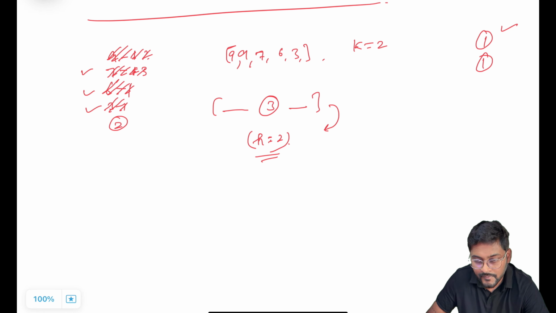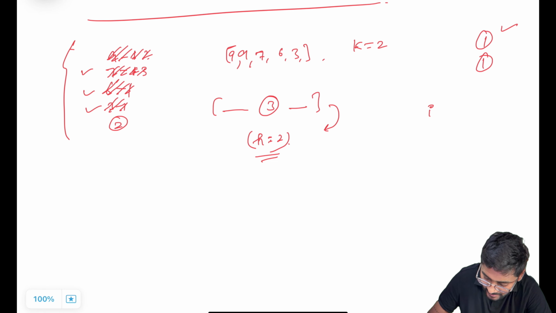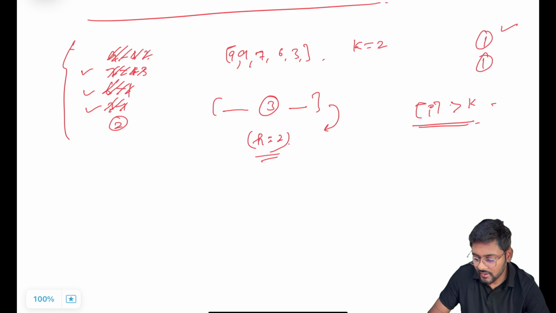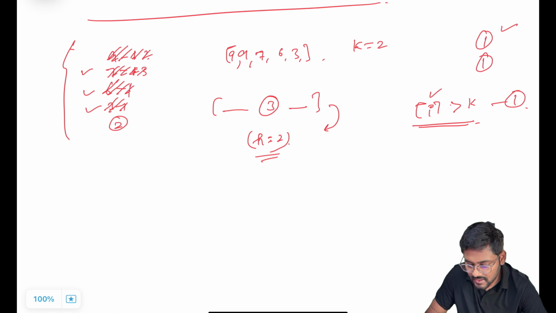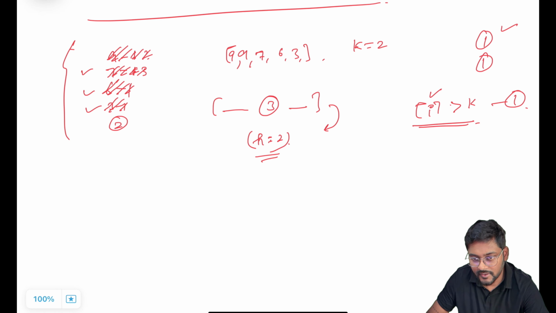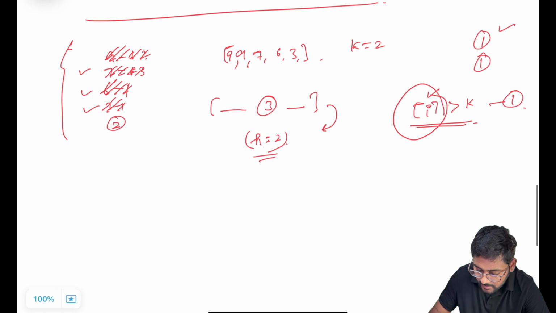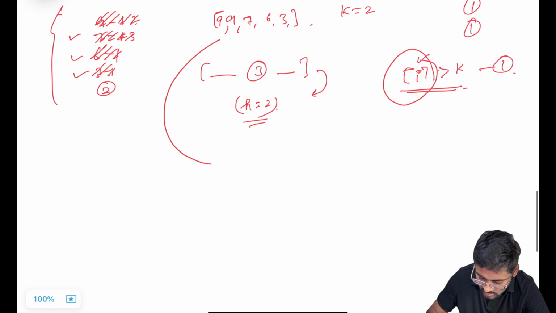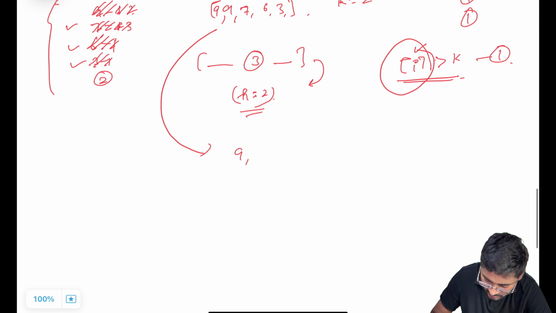So from this example, we are getting an idea: for every element I which is greater than k, we will be utilizing one operation, and this is for all the occurrences of I. All the occurrences of I means all the unique values. So what are the unique values from this array? 9, 7, 6, 3.